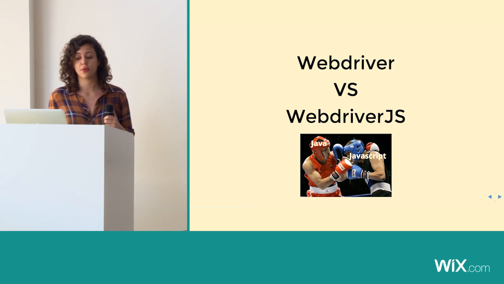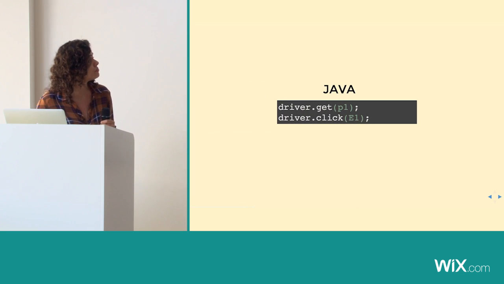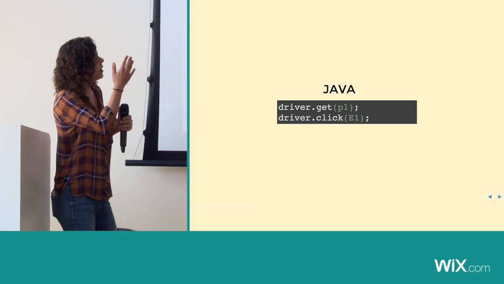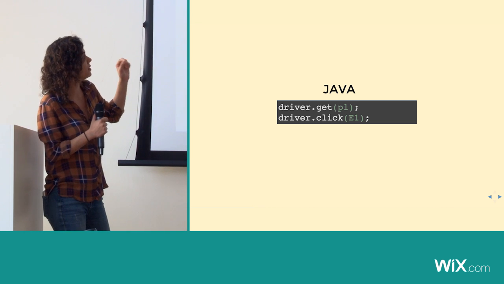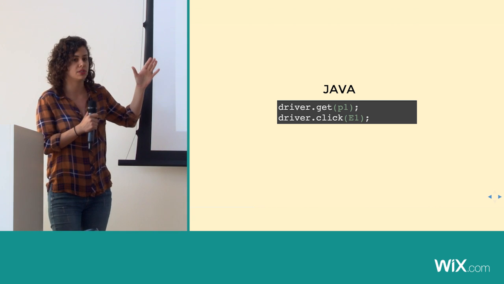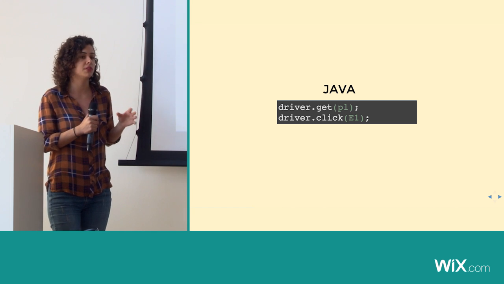We're going to see an example here. If we're going to talk about Java versus JavaScript, Java uses the WebDriver, and JavaScript in the Protractor framework uses WebDriverJS. This piece of code refers to, in the first line, we address a page. For example, we navigate to some certain page, and then what we want to do is click an element on the page.